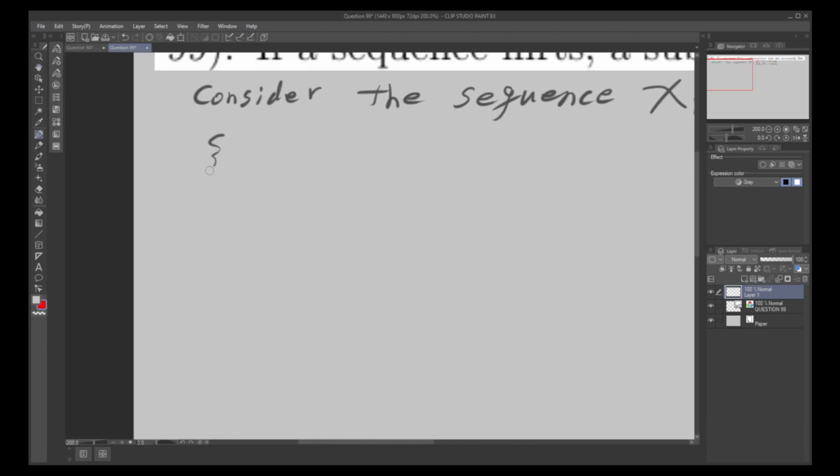So it would be denoted as 1, 1/2, 1, 1/5, 1, so on and so forth, for all eternity.